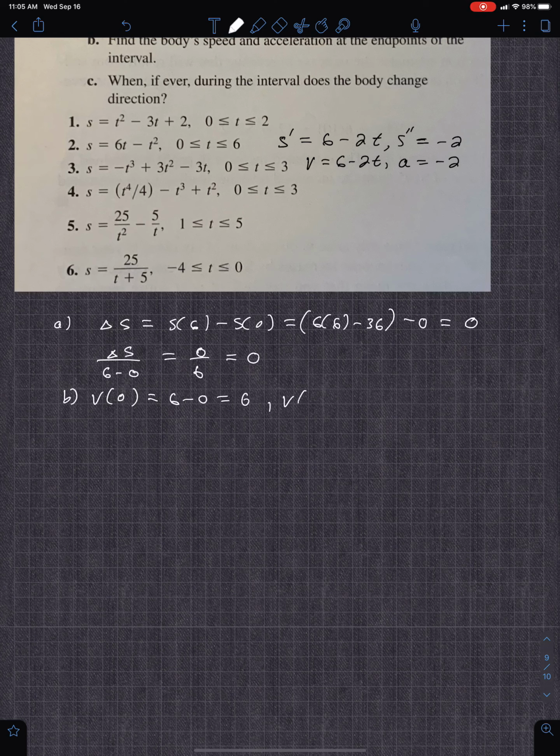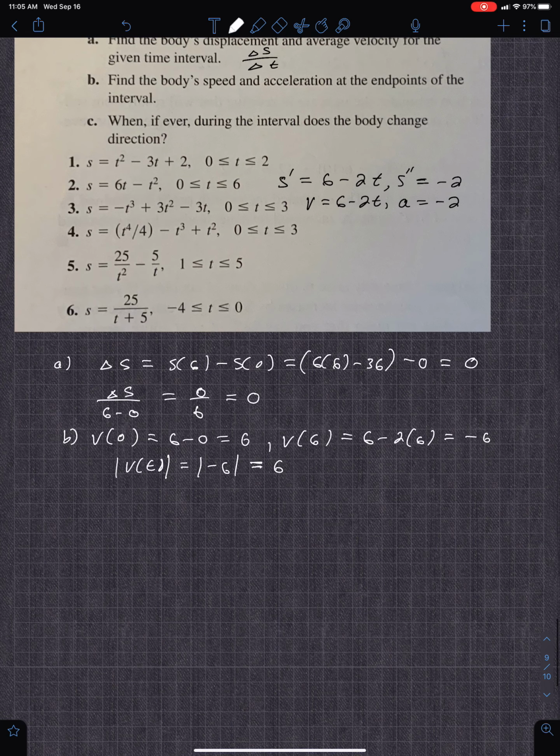And then v of 6 would be 6 minus 2 times 6, which is negative 6. So speed is going to be the absolute value of velocity. In this case, you get the opposite value of negative 6, which is equal to 6. So that's at the endpoints.